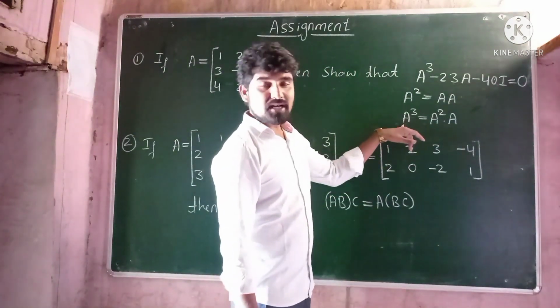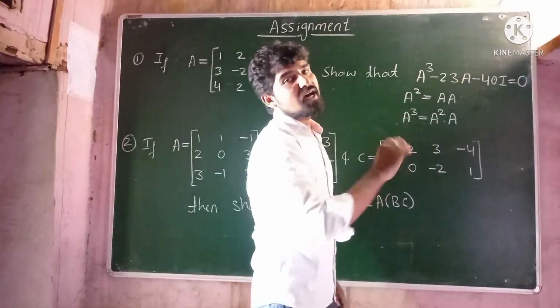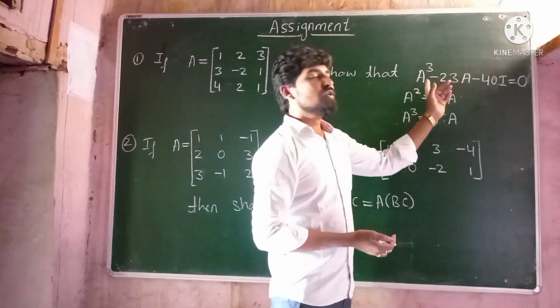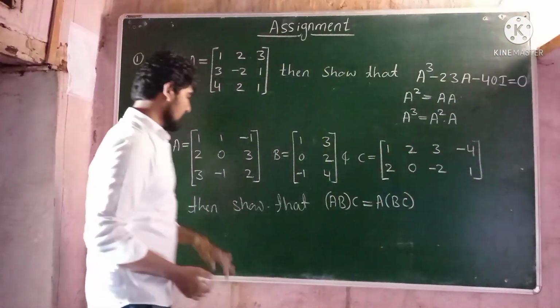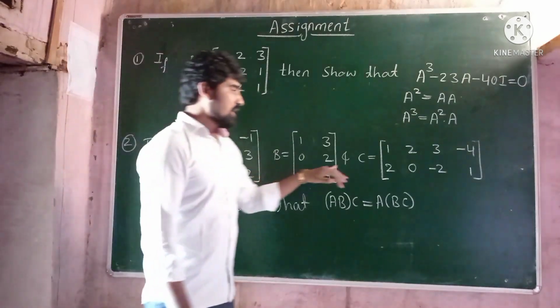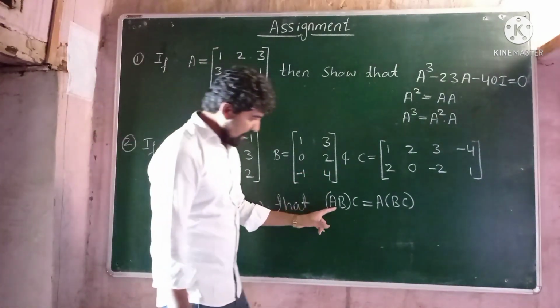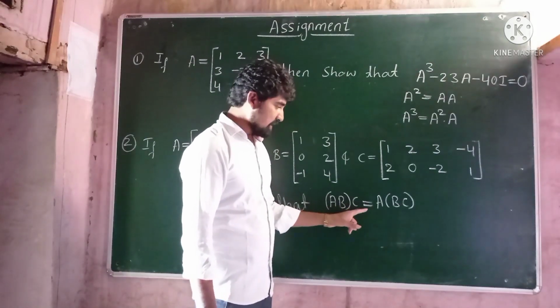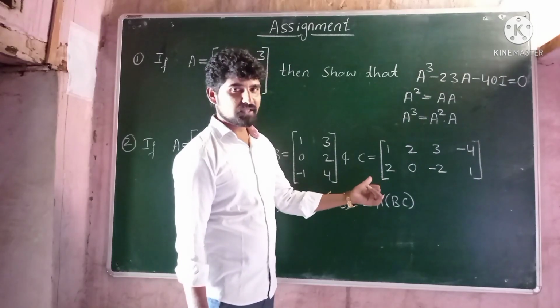After finding the matrix A cube, consider the LHS of the given equation and substitute the respective matrices. Directly we get a 0 matrix. And in the second question, he has given A, B and C matrices, and we need to show that AB into C matrix is equal to A into BC matrix. We did this type of question in class today.